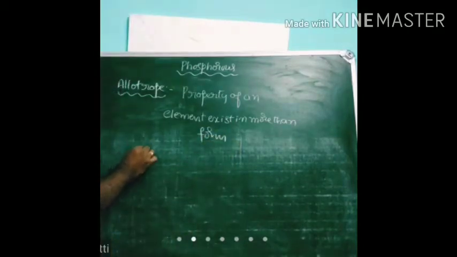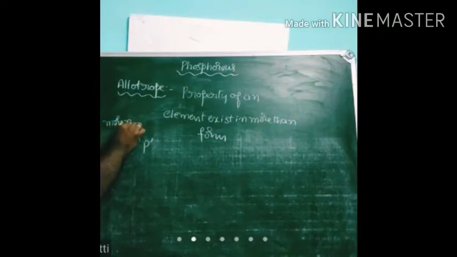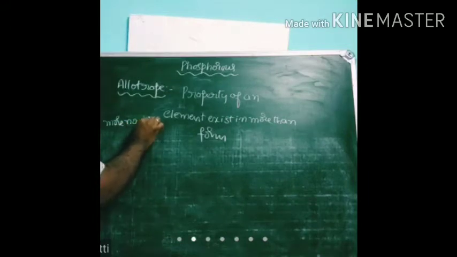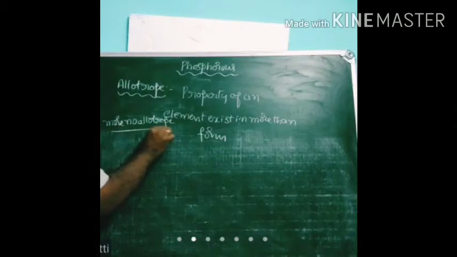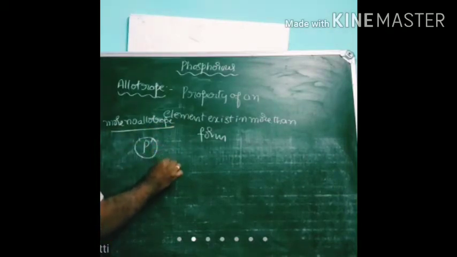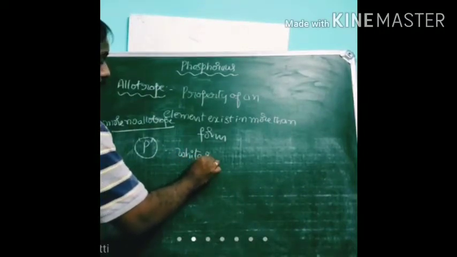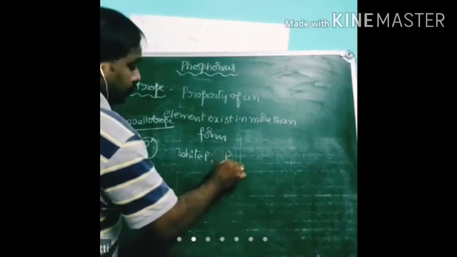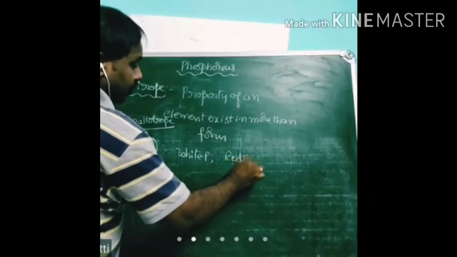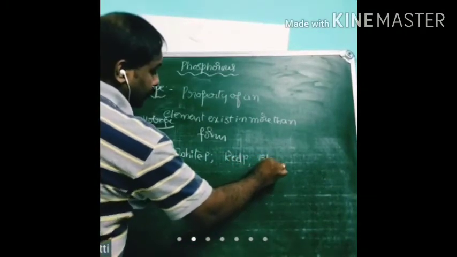For example, if you take phosphorus, the more number of allotropes shown by an element in the 15th group is phosphorus. So phosphorus shows three types of allotropes mainly: white phosphorus, red phosphorus, and black phosphorus.